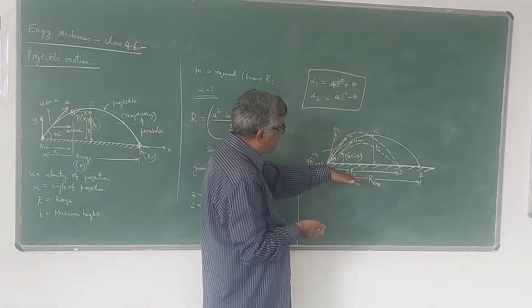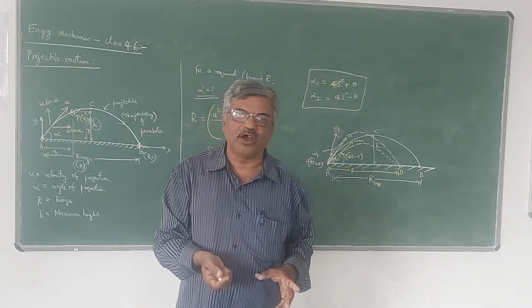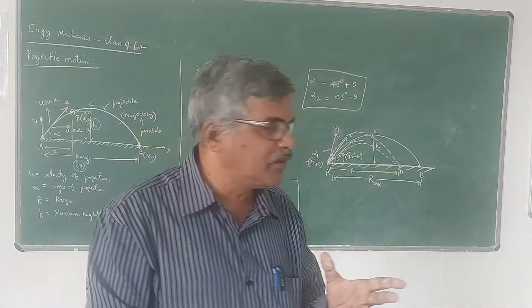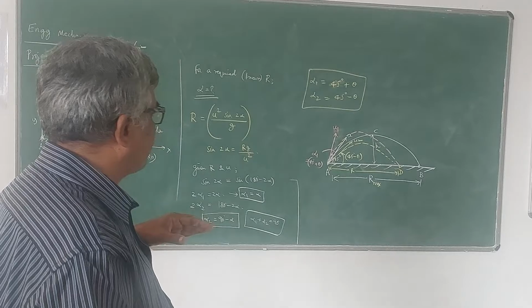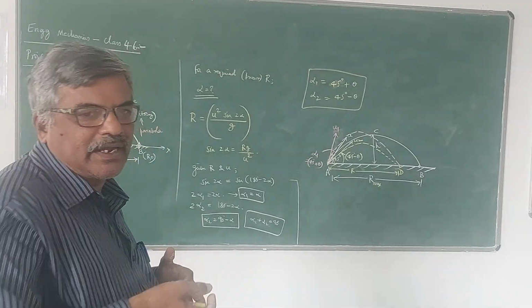For the same value of R, you can have two values of angle of projection in the form 45 plus theta and 45 minus theta. So if you add those two angles, you are going to get 90 degrees.